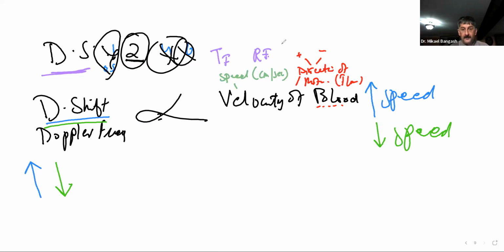But as far as the speed was concerned, it could be a high speed, which would be positive, or a high speed which was negative. Likewise, you could have a low speed which was positive, and a low speed which was negative, because the positive and negative only indicate the direction of the blood flow. Is it towards the transducer? Is it away from the transducer?